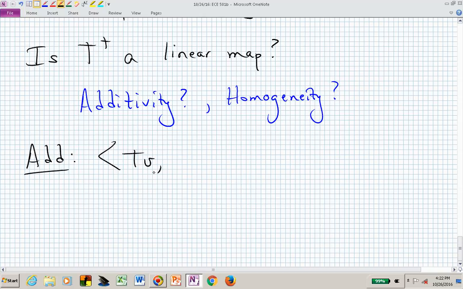Suppose we start with TV and we then have this addition of two vectors in the second slot. How can I rewrite that to maybe create two different inner products?